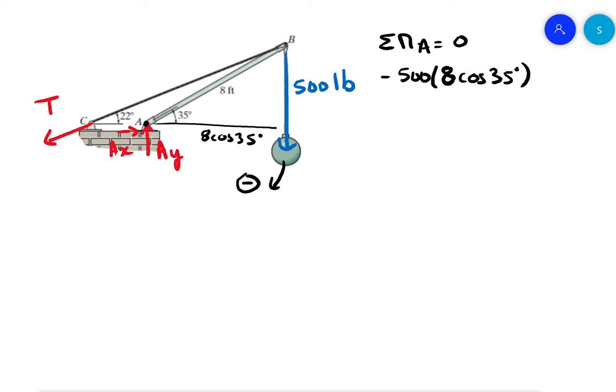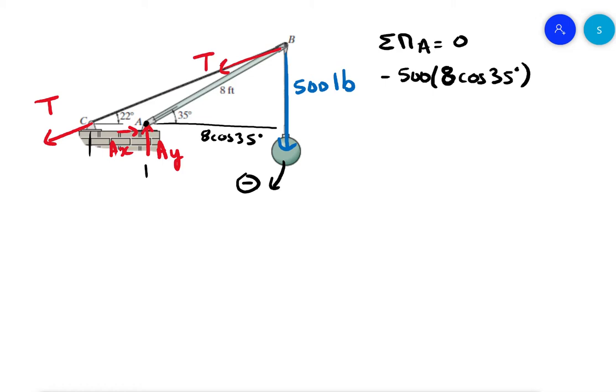And for T, we don't know the distance between those two points, so it would be easier to use the components of T, because we have this 8 and the 35 degrees. Let me write the T there.